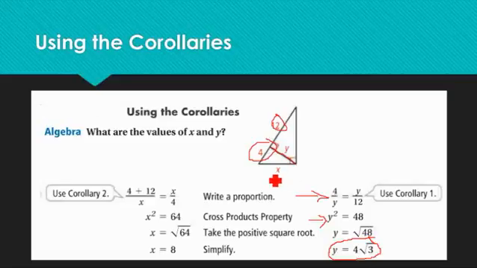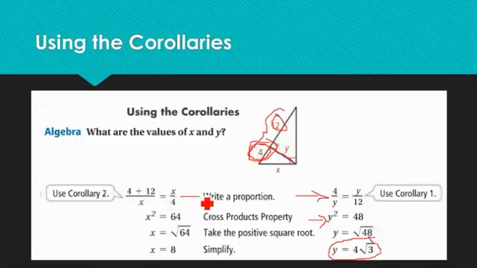X is one of the sides, so I would take the whole length of the base, which is 4 plus 12, as one of my extremes, and I would take 4 as my other extreme, and x would be my geometric mean of those 2 lengths.